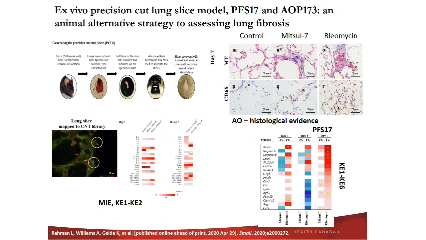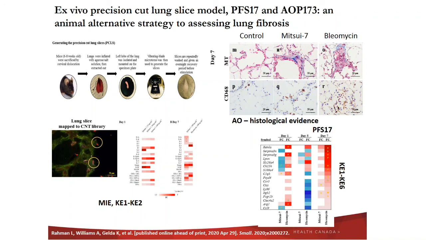Histological evidence is one of the important pieces of evidence and a gold standard used by the regulators for risk assessment. And by having this ability to induce the disease and observe the manifested disease by histopathological observation, PCLS is an important predictive model for assessing lung fibrosis.